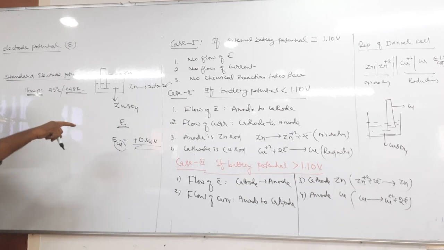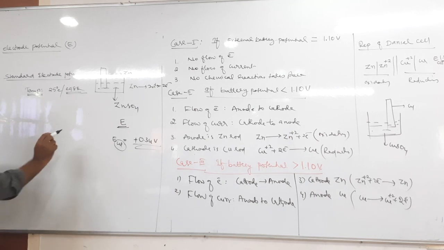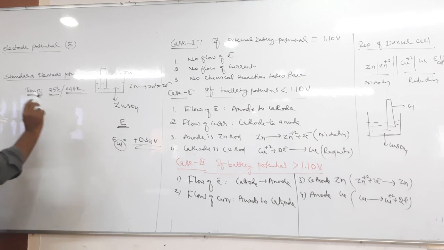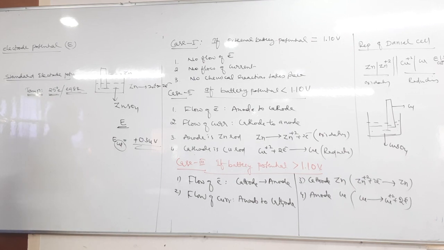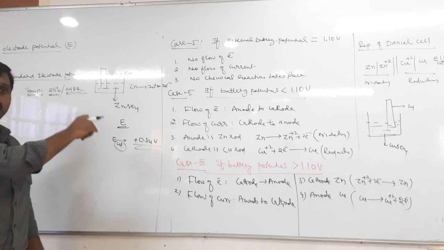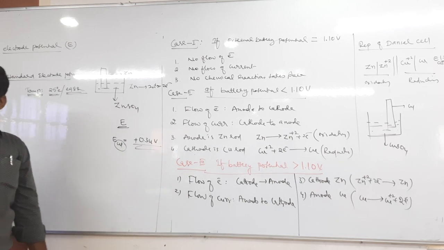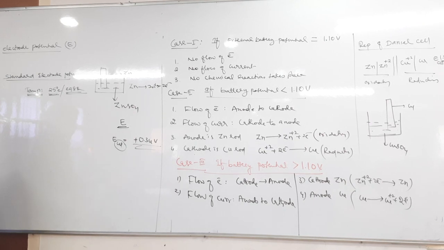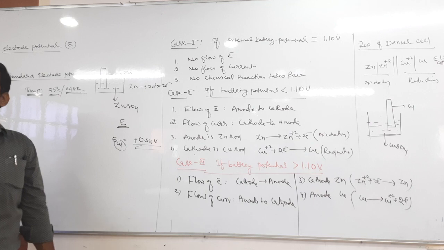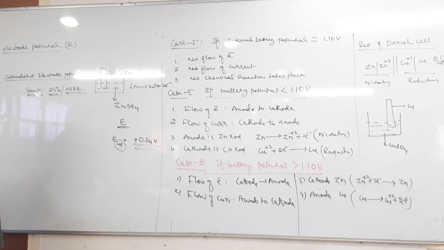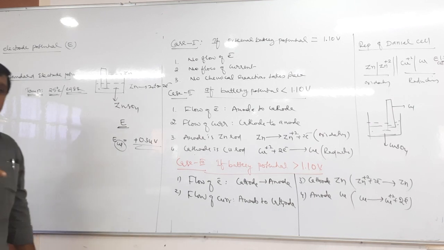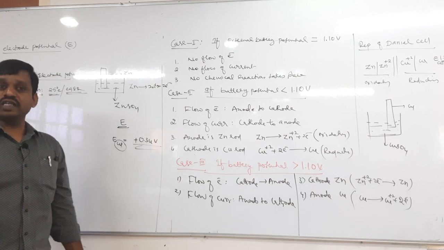Here we study solutions, right? Therefore, for solutions we take 25 degrees Celsius or 298 Kelvin as the standard temperature. So in electrochemistry the standard temperature is 25. In the gaseous state, which we studied in first PUC, we use the ideal gas equation PV equals nRT, where we also use a standard temperature, and there it is 0 degrees.